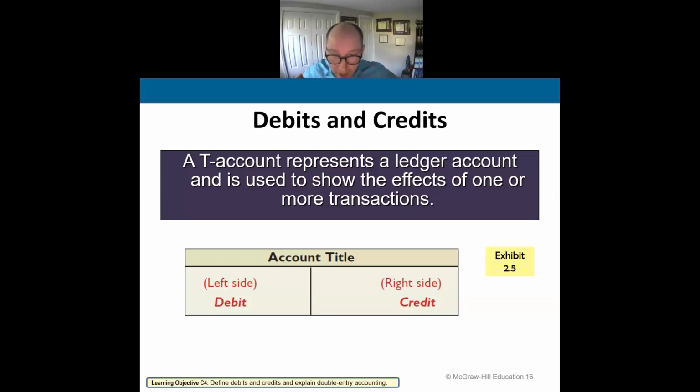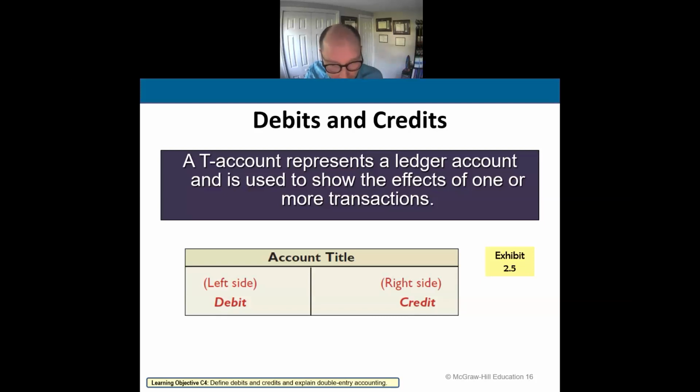On the right side is the credit column. Think of the way the accounting equation is. With the accounting equation, we have assets equals liabilities plus equity. Any asset account like cash, accounts receivable, prepaid expenses, whatever, right? Anything that the business owns.